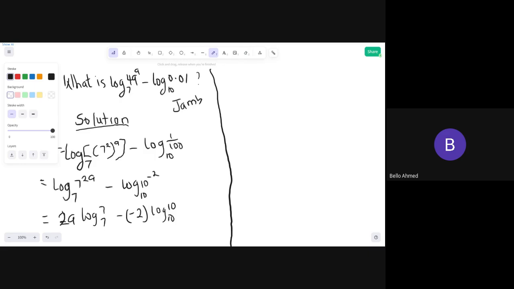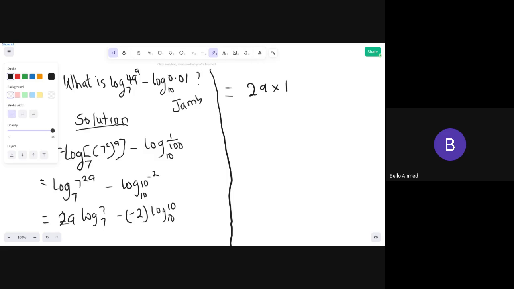So what we have is now going to be equal to 2a times, well, here the thing is that logarithm of any number to its own base is 1. So if we have logarithm of b base b, that is going to give us 1. That is what I'm going to apply next. That's one of the laws of logarithm. When you know the laws, all this is going to be very simple. So I'm going to have 1 because log of 7 base 7 is going to give us 1.